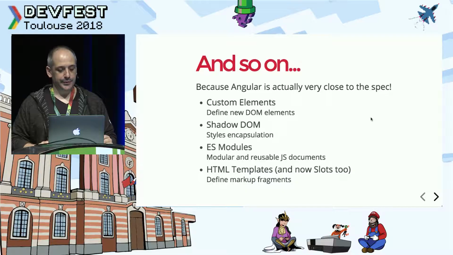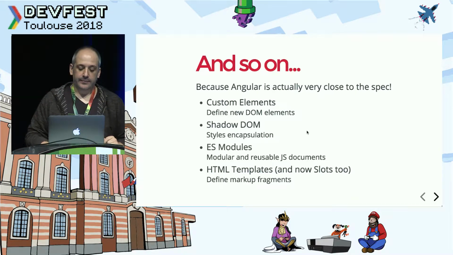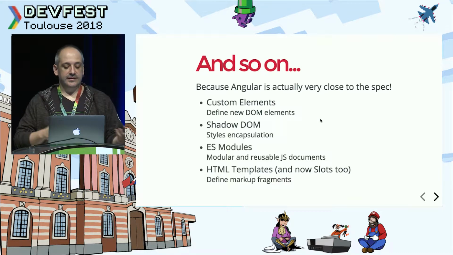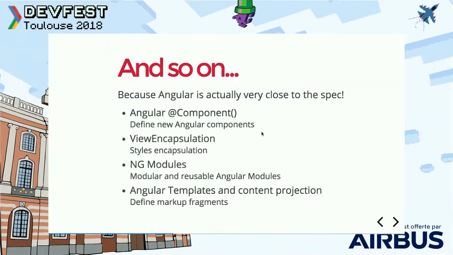So if we remember the first slide that I created, where we talk about the custom elements, we can see that this is kind of the same that we have in Angular. So we have the components, we have also view encapsulation, we have ng modules, and we have the templates and the content projection. So all of that is very similar.